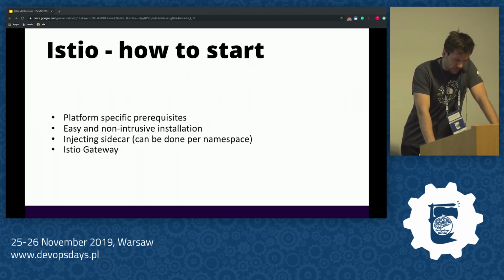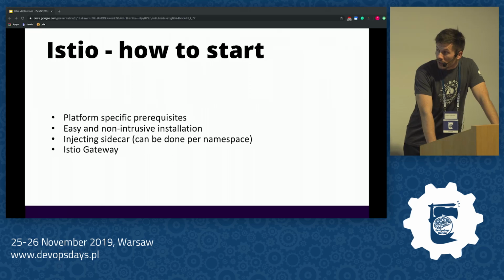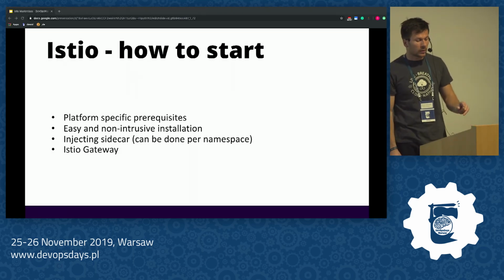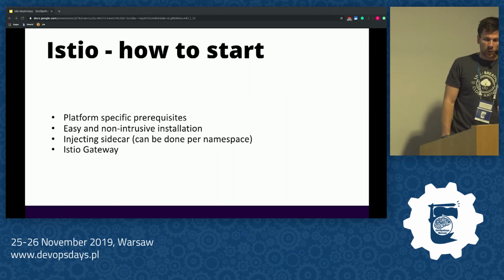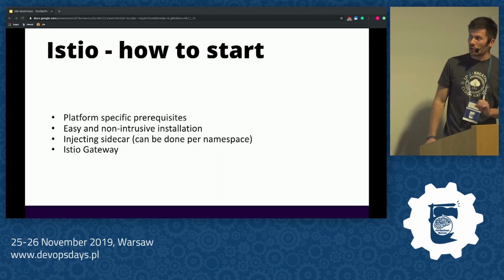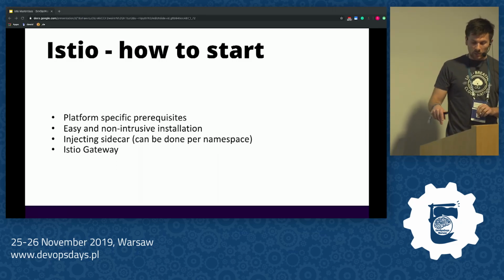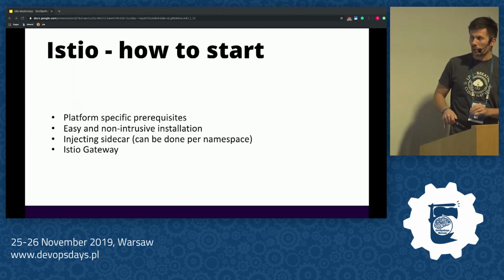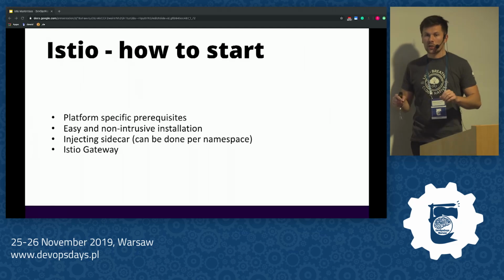And then Istio Gateway. Istio Gateway is a component which replaces Kubernetes ingress. If you really want, you can still keep using your ingress, wherever that ingress is, and it will work fine. You will only lose a lot of observability things which Istio gives you out of the box. We didn't talk about this yet, but you probably remember from yesterday's talks that Istio also deploys Prometheus, Grafana, a lot of stuff. So out of the box, you have a pretty nice monitoring system.